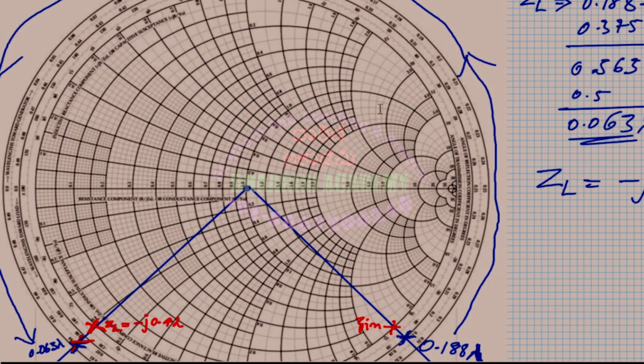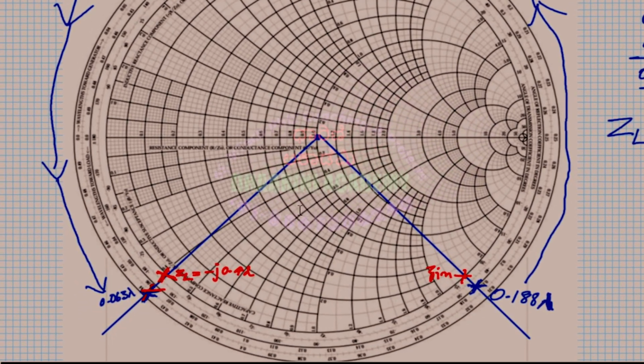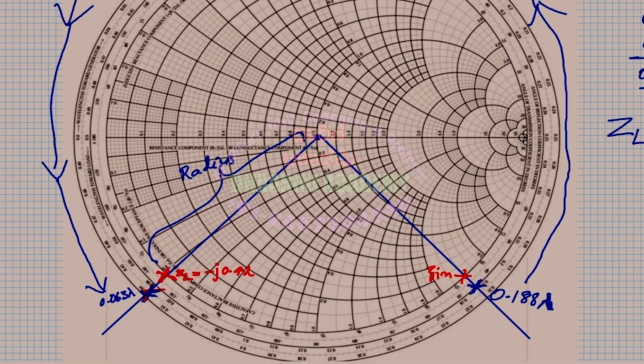If you want to go for a voltage minimum, you should find out where the Z minimum is, correct? So consider the point and take that as a radius. I have to consider all the way from here till here. This is the radius. Use that radius and make this touch the left side. That means I'll mark the point.